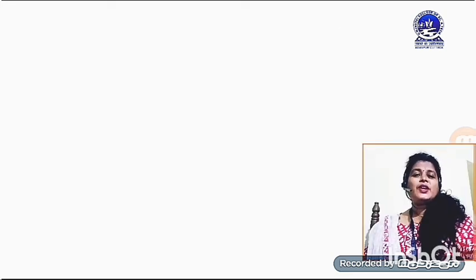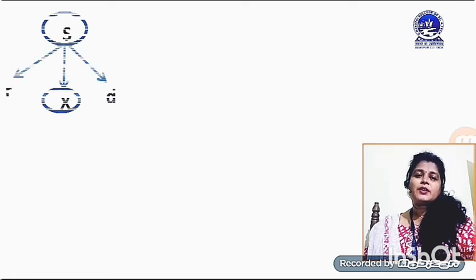Here I am going to explain the same example once again. In one slide I am going to show you all the different subtrees. At the first step we implement S implies RXT and the tree looks like this.